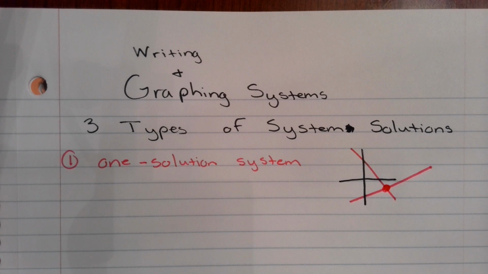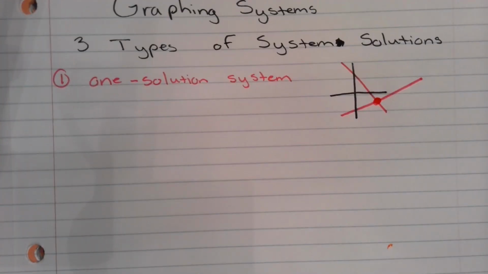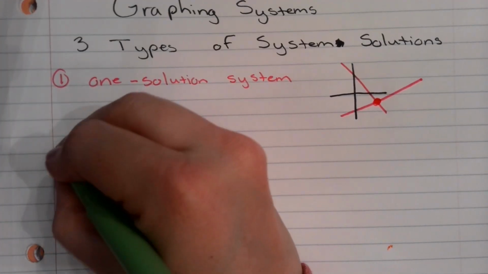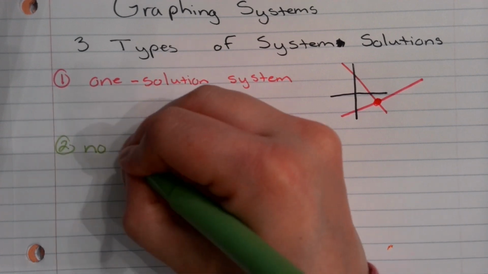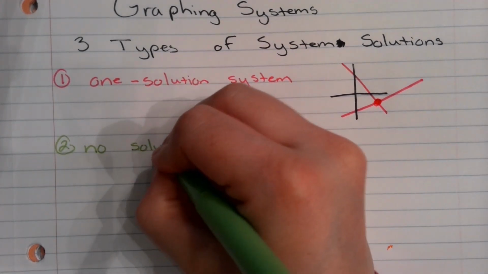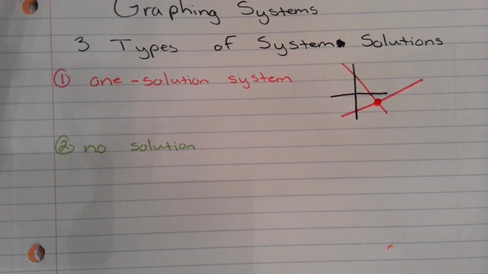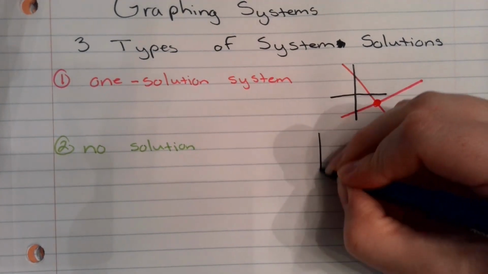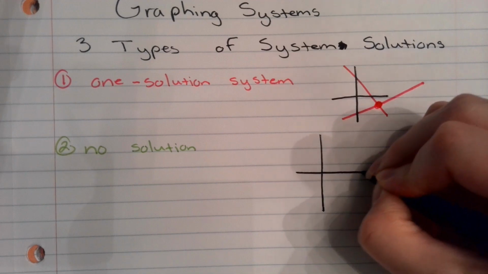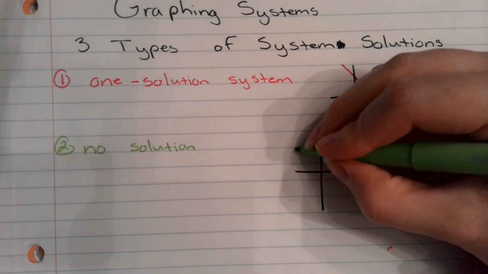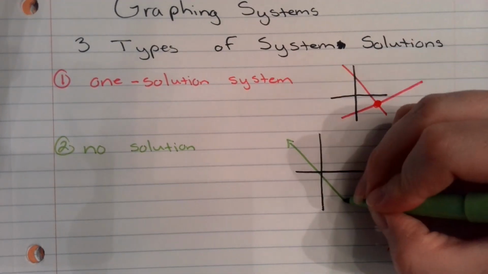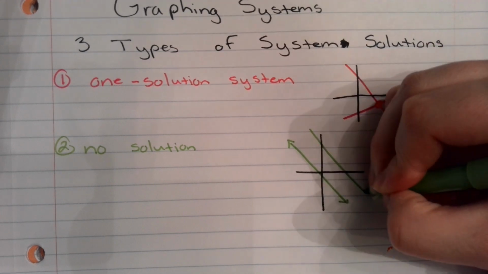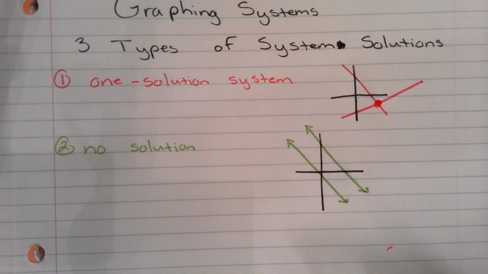Okay? Then you've got what we would title a no solution. No solution is very, very unique. When you graph your lines, they will never touch. They will never intersect. So they are a set of parallel linear functions or linear systems.